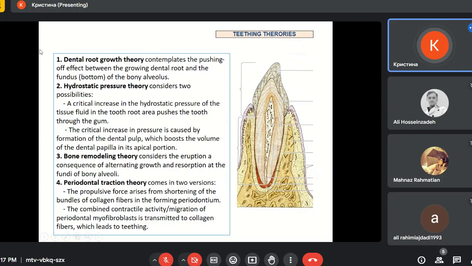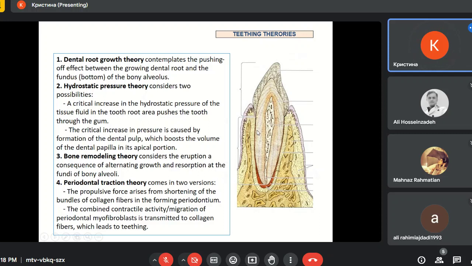First theory tells about the dental root growth. It means that dental root starts to grow, it pushes to the bottom of the alveolus, and it causes the tooth to be erupted. The second theory is about the hydrostatic pressure inside the tooth region.